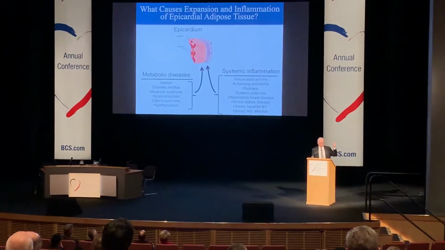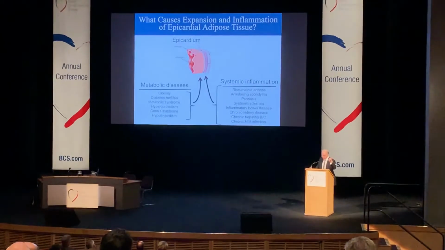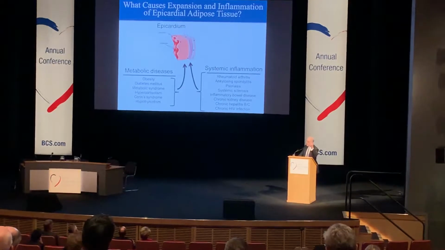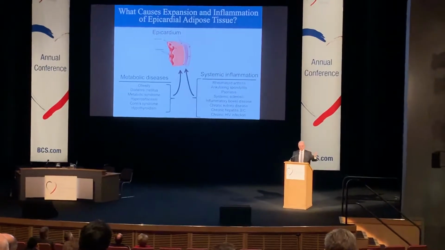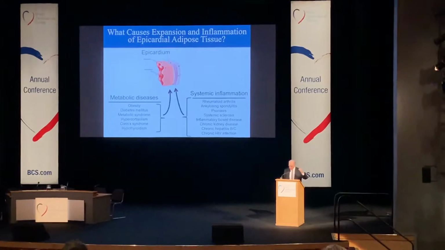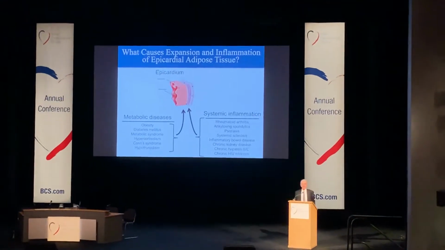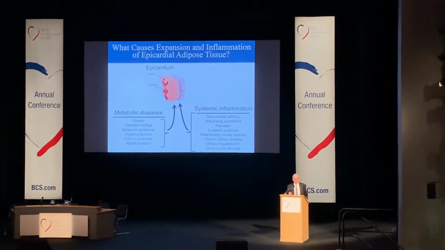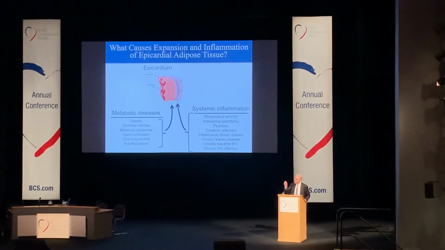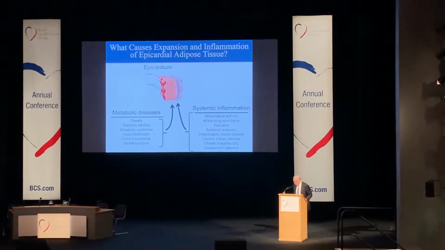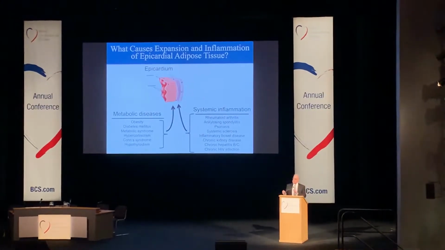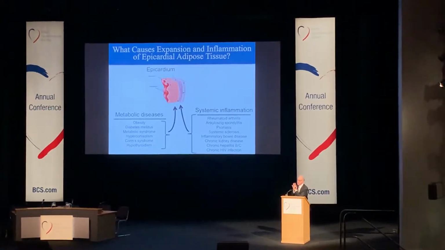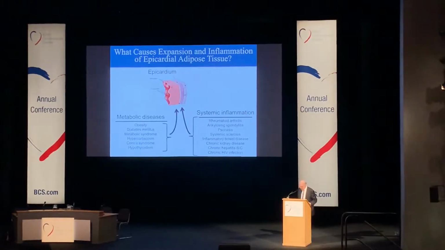So, whether we're talking about chronic inflammation of the joints, chronic inflammation of the skin, chronic inflammation of the gastrointestinal tract or the kidneys, or chronic infections, all of these activate the epicardium, activate the adipocytes in the epicardium, and turn those adipocytes from nurturing cells into pro-inflammatory cells.